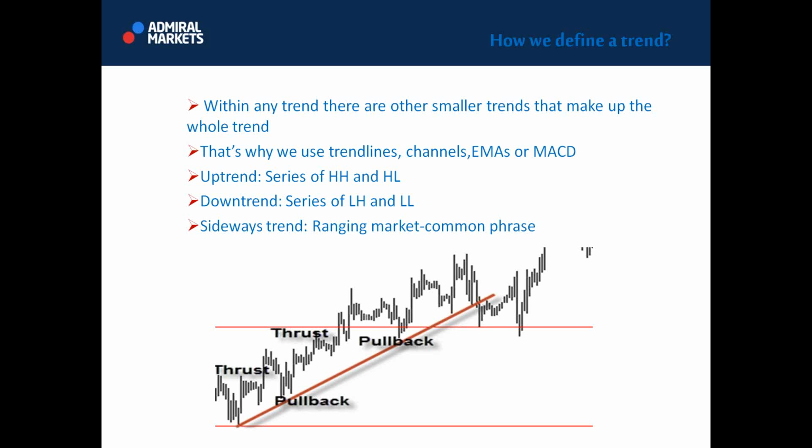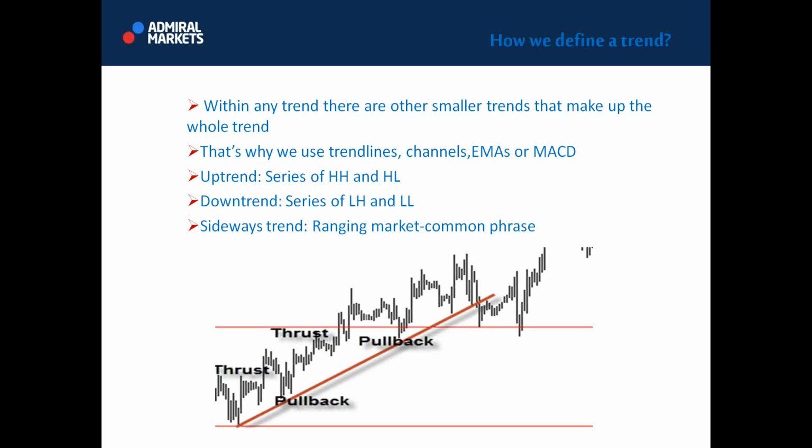The first part of thrust and pullback is an intermediate trend. The second portion of thrust and pullback is defined as a medium trend, and the trend line is defined as the whole trend. Remember that. So we have three parts in this picture: the intermediate trend, then the medium trend, which is the second part of thrust and pullback, and the whole trend line makes the uptrend.